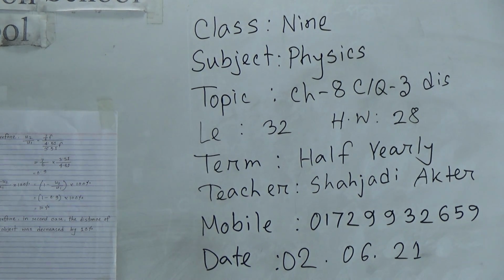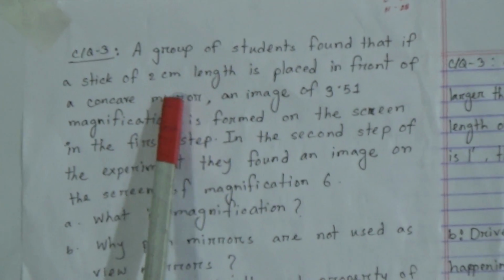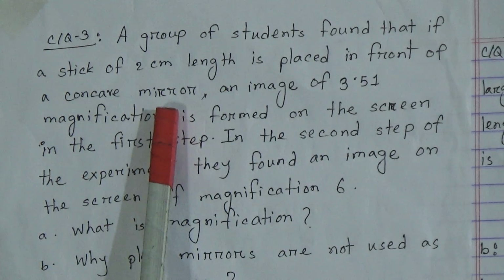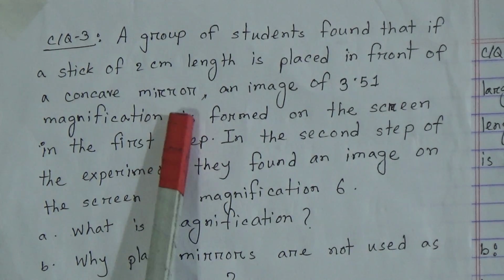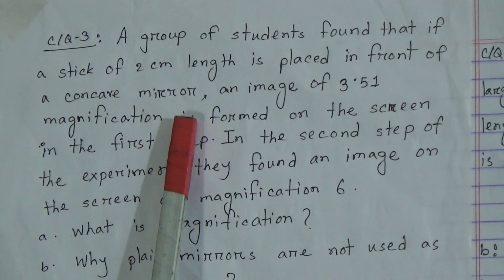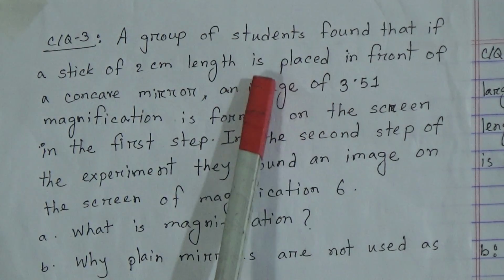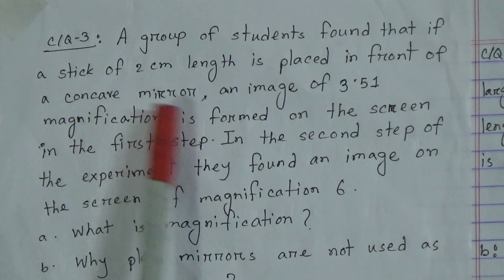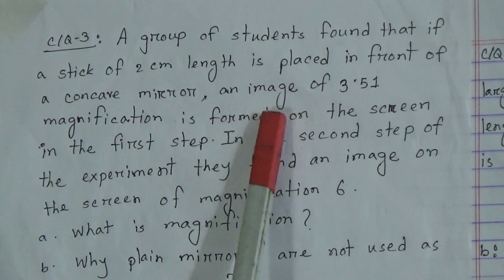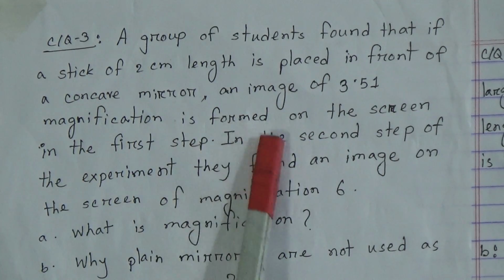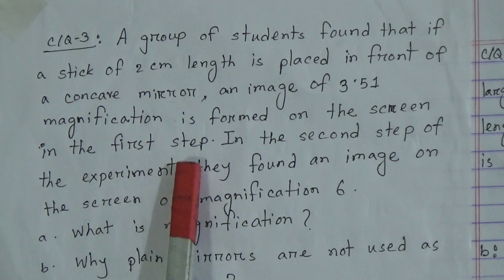A group of students found that if a stick of 2 cm length is placed in front of a concave mirror, my dear students, see here given the length of stick is 2 cm and it is placed in the front of a concave mirror. An image of 3.51 magnification is formed on the screen in the first step.